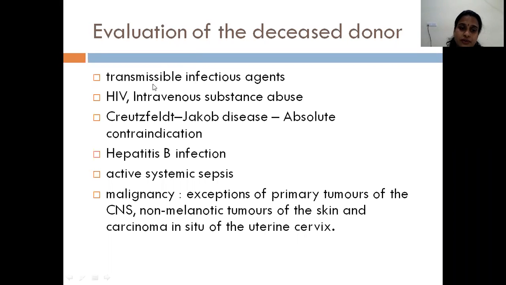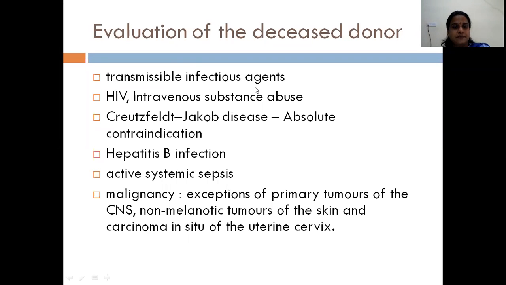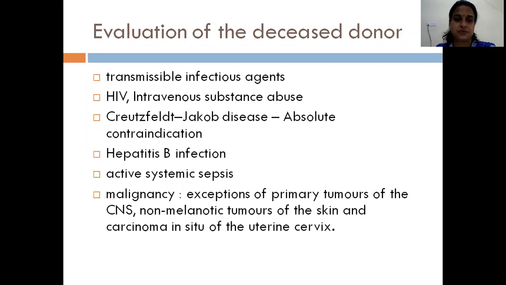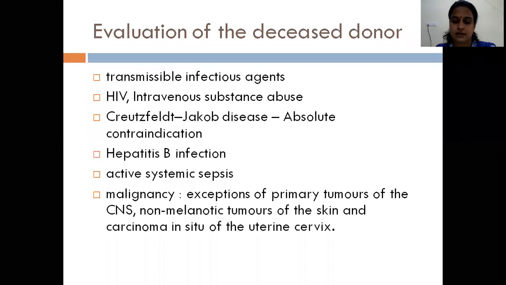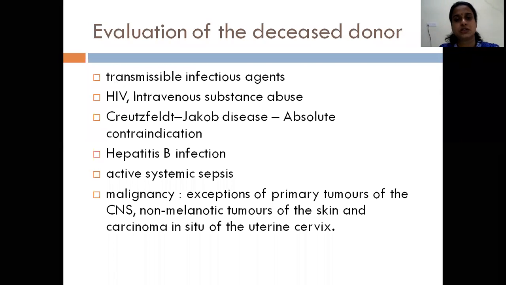So what do you have to look for in such donors? Rule out any transmissible infectious agents. You should also rule out the presence of HIV or intravenous drug abuse. An HIV donor can, if needed, be donated to a recipient who is also an HIV patient.